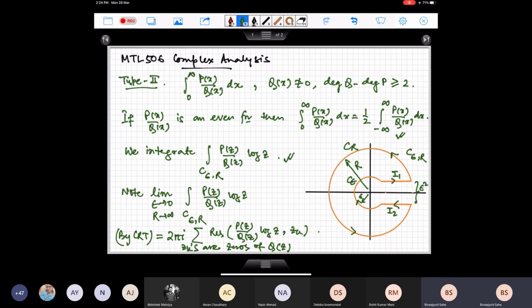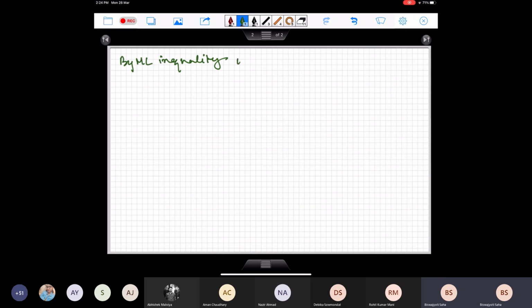So when you take the absolute value, you effectively get log of r plus something. Your argument is anyway bounded between 0 and 2 pi. So you can see that the absolute value of log is bounded above by log r plus some constant, and therefore by ML inequality we get on CR.